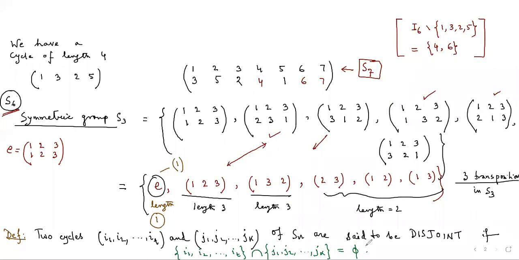If such two cycles you can find, then such cycles are called disjoint cycles.